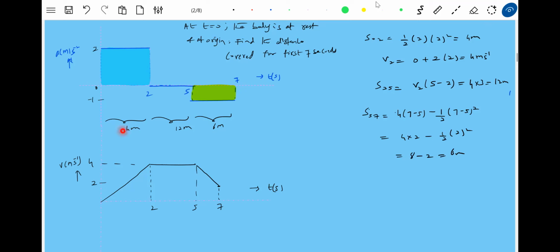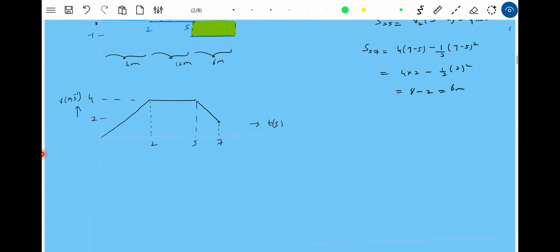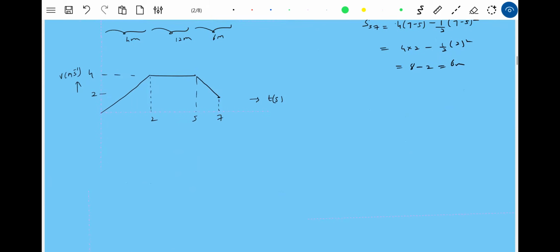So the object first undergoes accelerated motion, then uniform velocity motion, then retarding motion. You can see from the graph: accelerated motion, uniform velocity, then retardation. From an a-t graph like this, we can find the change in velocity; the area under the a-t graph is the change in velocity. Now, can we go for the corresponding position versus time graph?